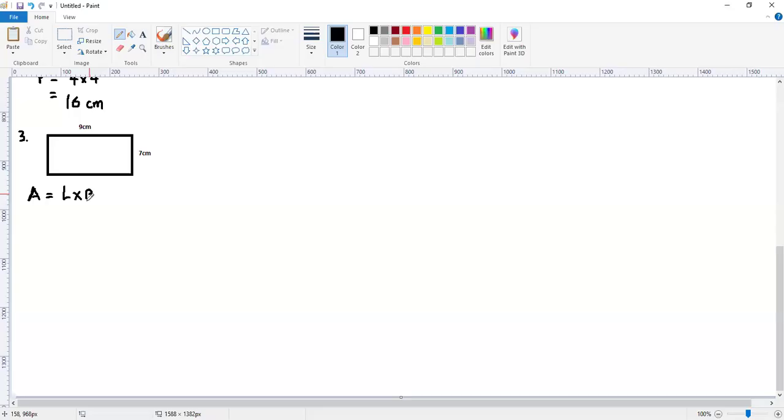So now I want you to watch. What's the unit for the length? The unit for the length is 9 cm. No, the unit, I didn't say the dimension. The dimension is 9. The unit is cm.